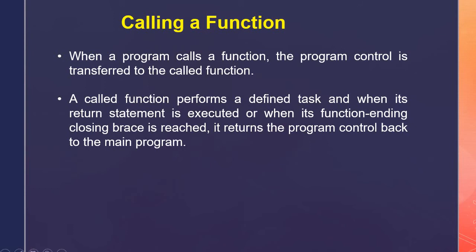When a program calls a function, the program control must shift from that point to the area where the actual function is defined. The called function performs the defined task, and when its return statement is executed, or when the function ends, that is on seeing the closing curly bracket, it automatically closes the function and returns to the calling area.